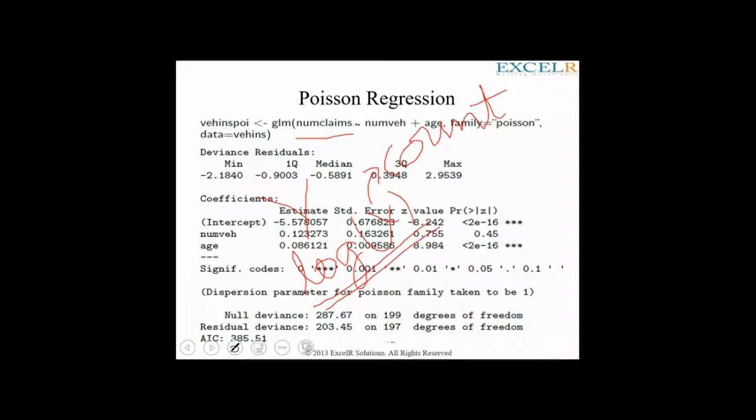What do you mean by inverse, Ramanan? We need to take exponential or anti-log, right? And when you do that, you'll get back the number of claims as a proper number, 1, 2, 3, and so forth. Full number, right? You'll not get it on a decimal scale.